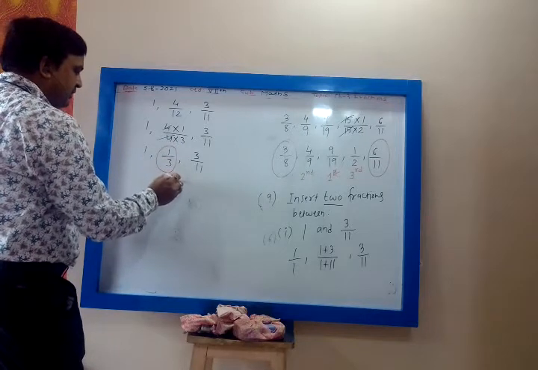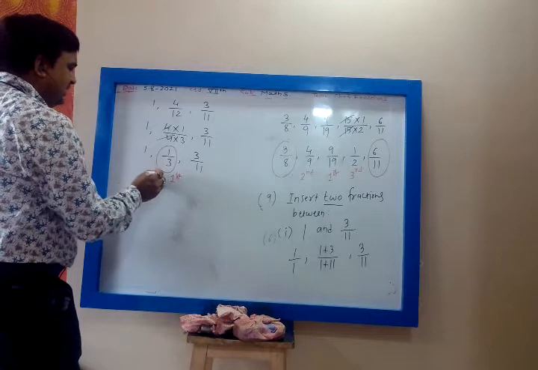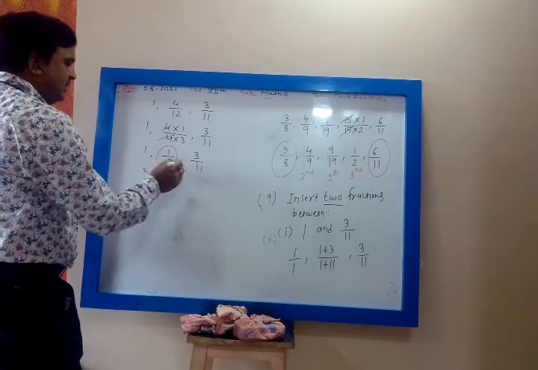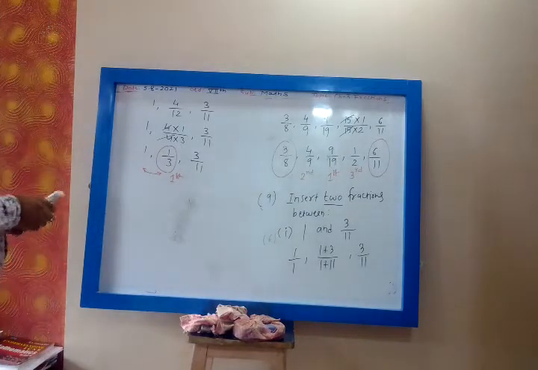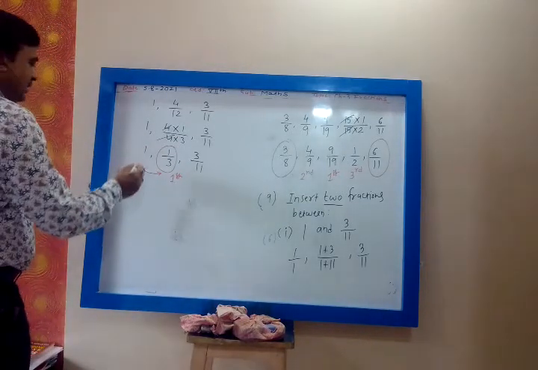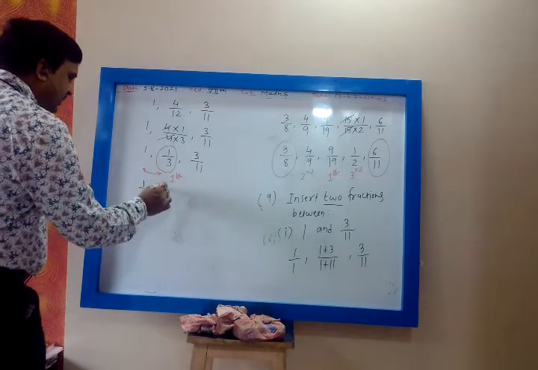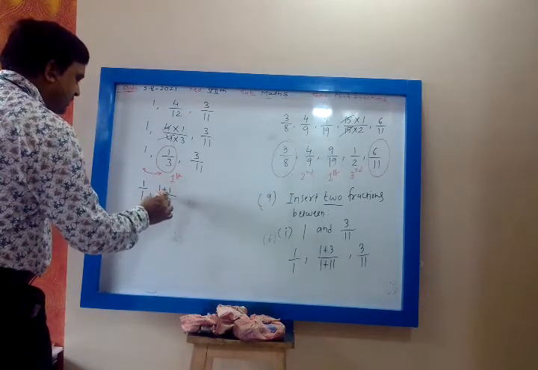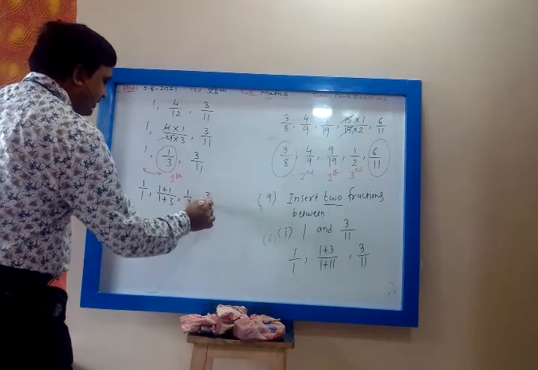Now you have to insert one more. So I will consider these two, or these two, any one. Let us write 1 upon 1. Then this will be 1 plus 1 upon 1 plus 3, then 1 by 3, 3 by 11.